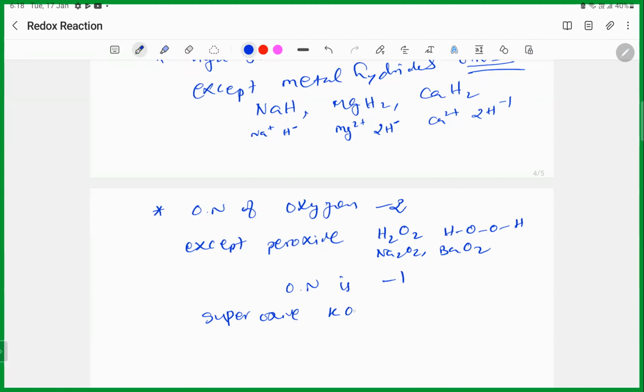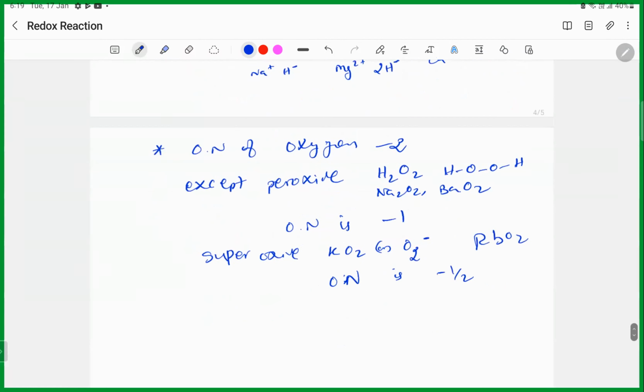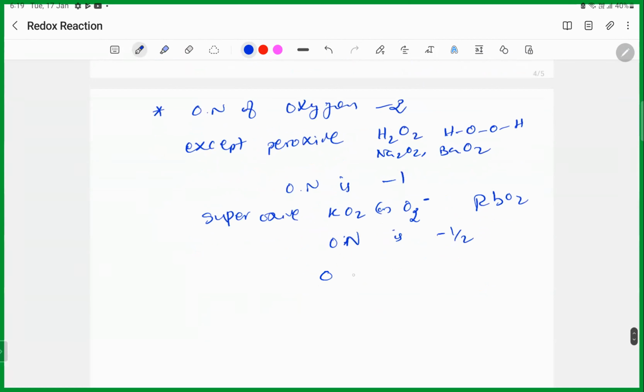It is like KO2, K plus and O2 minus, and RbO2, O2 minus. Here the oxidation number is -1/2. Then OF2: here the oxidation number is +2. And O2F2, because fluorine is more electronegative, the oxidation number is +1. These are the things we have to remember.